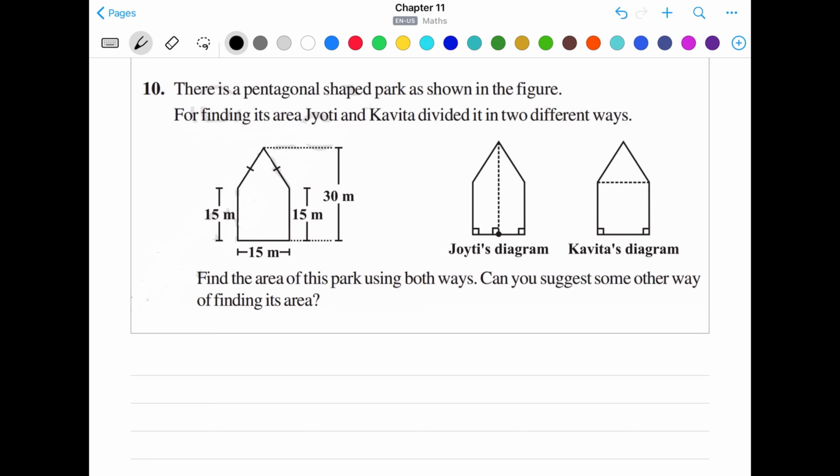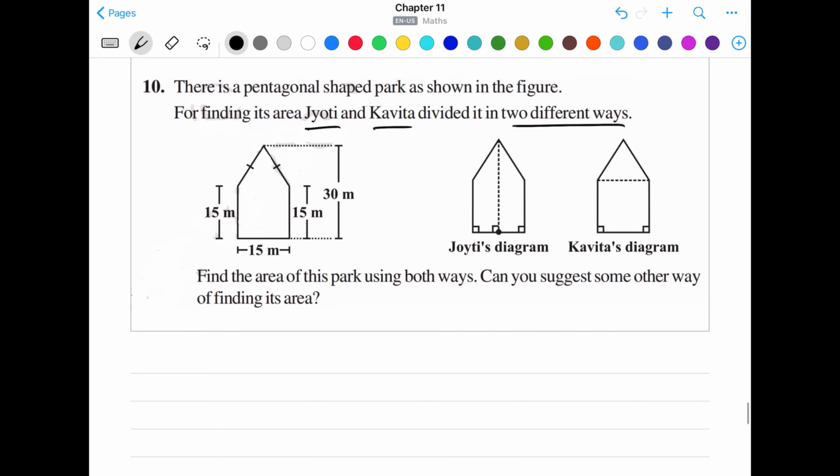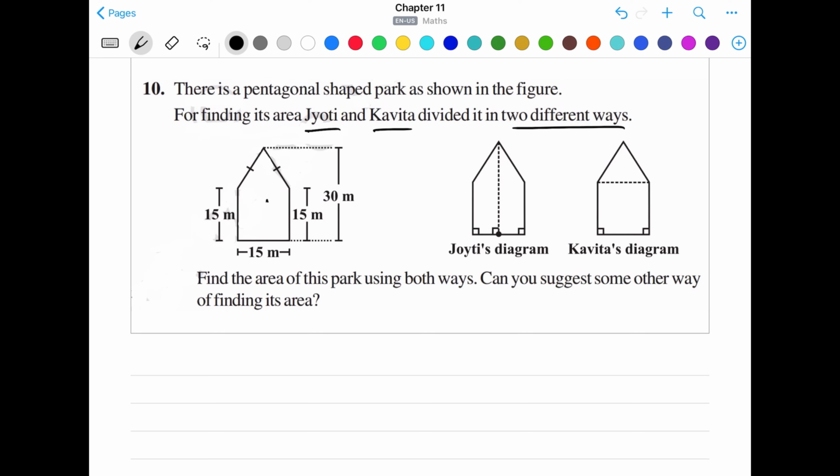Question number 10 is, there is a pentagonal shaped park as shown in the figure. For finding its area, there are two girls, Jyoti and Kavita, who did it in two different ways. Okay, so this is a figure which is divided in two different ways.